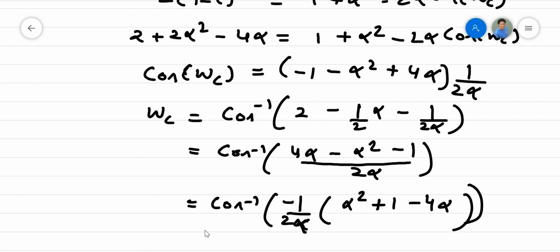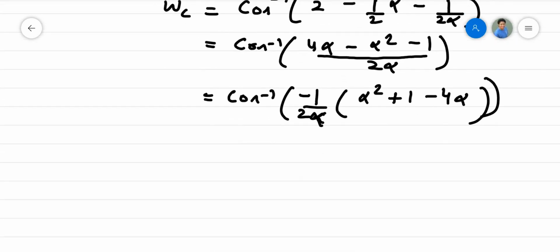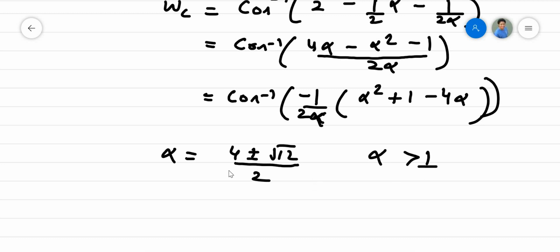So if we find out the root of this particular equation, alpha will be equal to 4 plus or minus under root 12, divided by 2. Now we cannot have alpha greater than 1, so this is not possible.